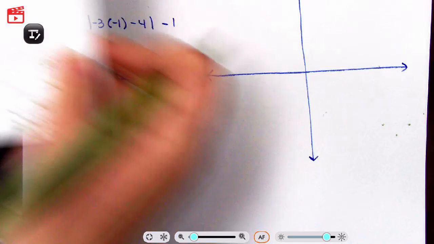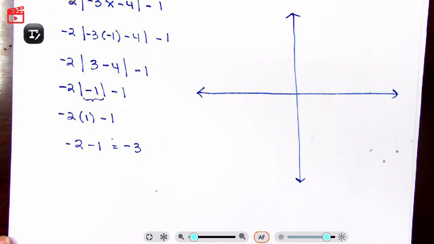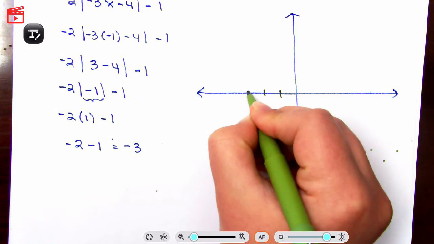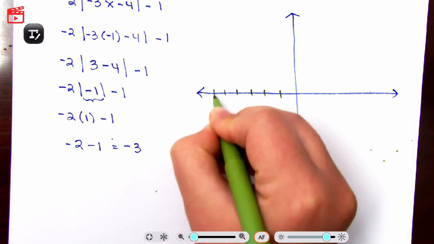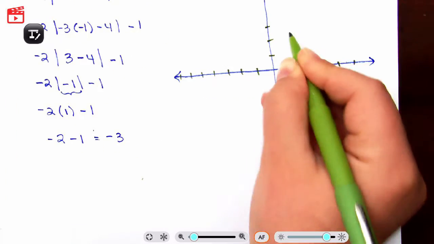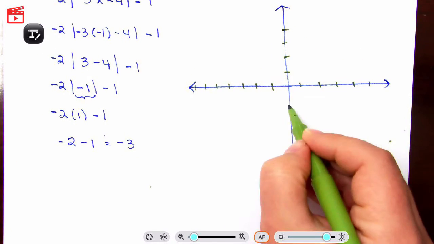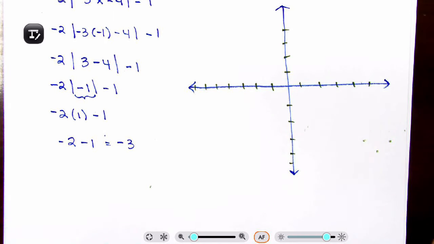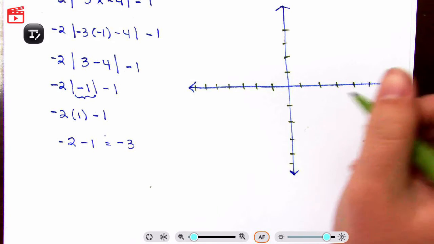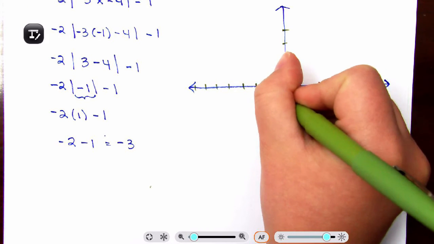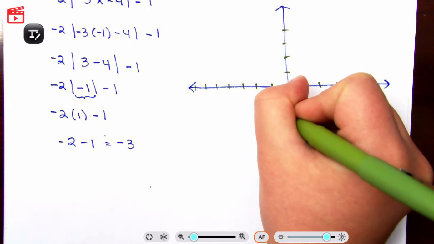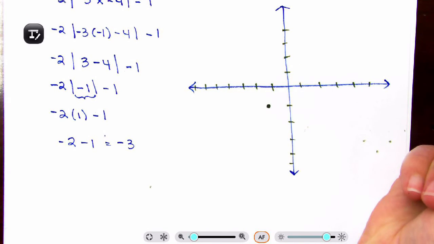So we're going to guesstimate what that is. So we want it on the negative side. Alrighty, so what do we have? We have 1 and 1/3. So here's 1. 1 and 1/3 is about here-ish. And we have that y value at negative 1. So our vertex is going to be around here.